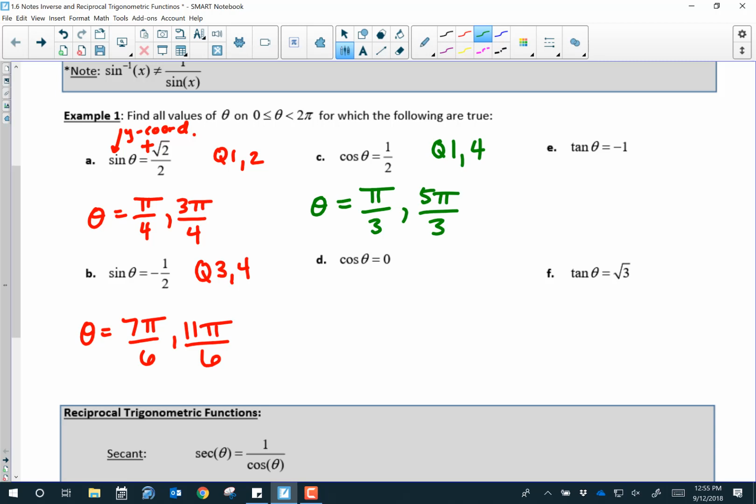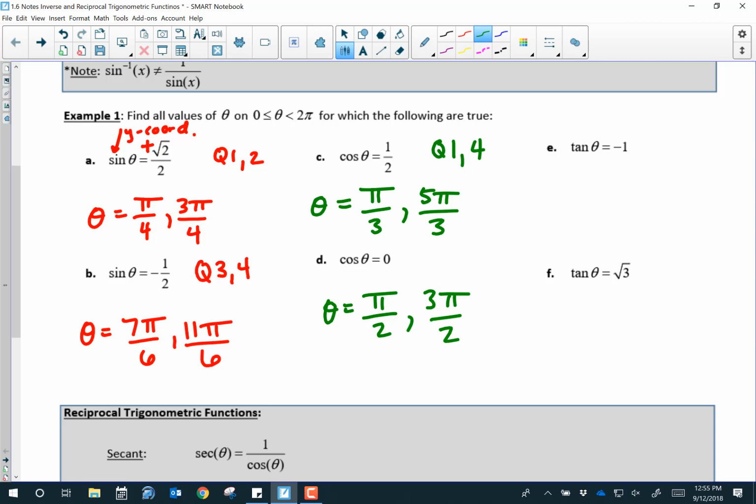Questions? All right. Tricky one. Cosine theta equals 0. Pi over 2 and 3 pi over 2. Okay, so let's talk about this. Cosine of theta equals 0.